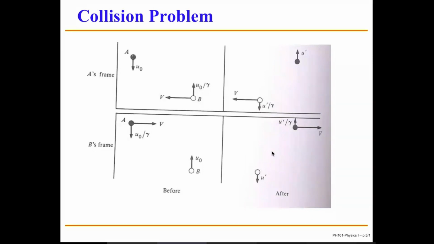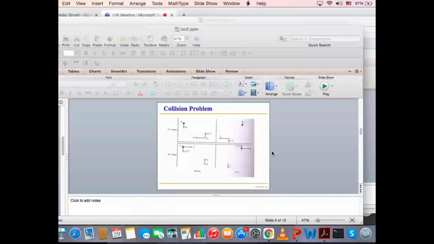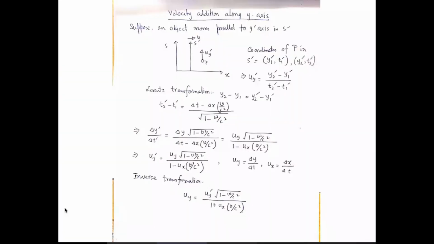Is that okay? Can you please explain why we are dividing by gamma? I mean, why are we not multiplying with gamma? In the transformation, you said that uy prime is uy times gamma upon 1 minus ux v by c square. What is gamma? Tell me what is gamma. Okay, sir. I got my mistake.